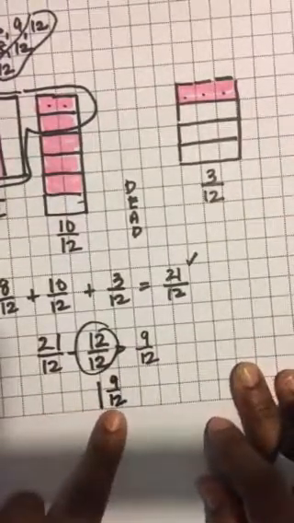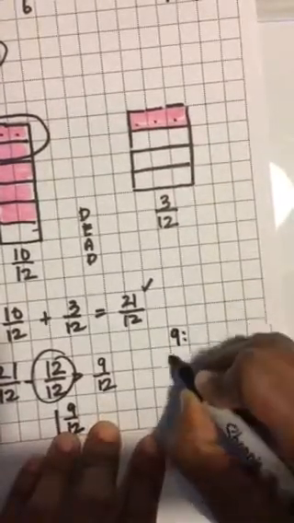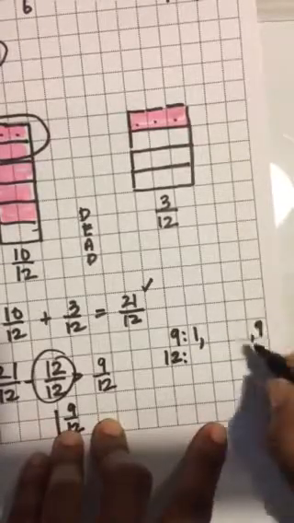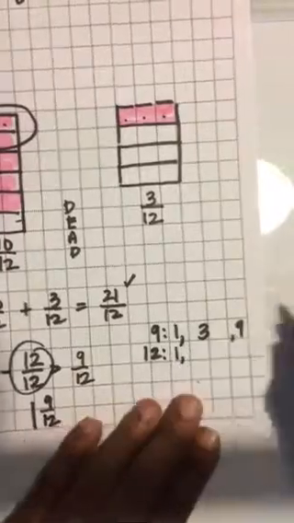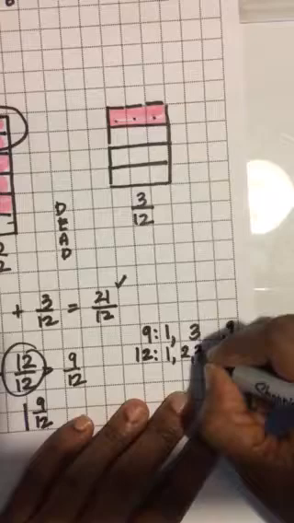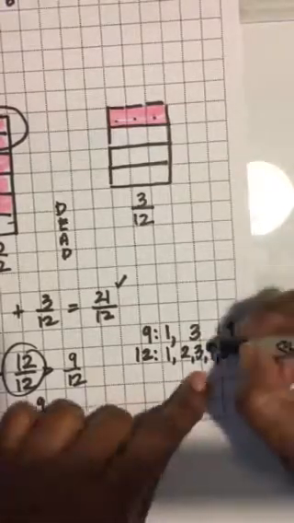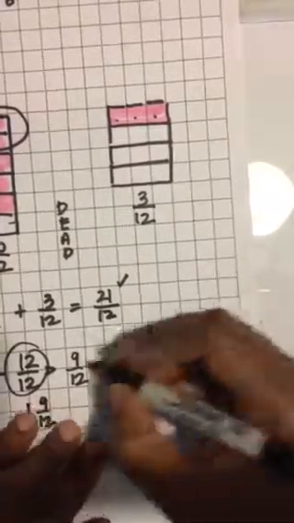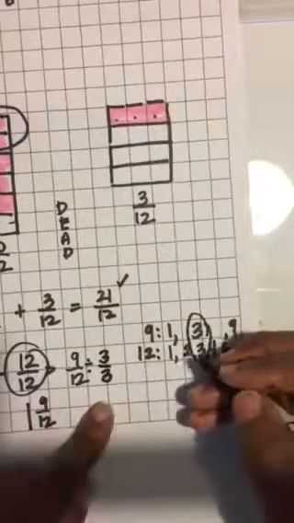Now, I still need to make sure this is in simplest form, so I'm going to find my factors, 9 and 12. 1 times 9, 3 times 3. Factors of 12, 1 and 12, 2 times 6, 3 times 4, and the greatest common factor of 9 and 12 is 3, which means I can divide by 3/3 to get the simplest form.